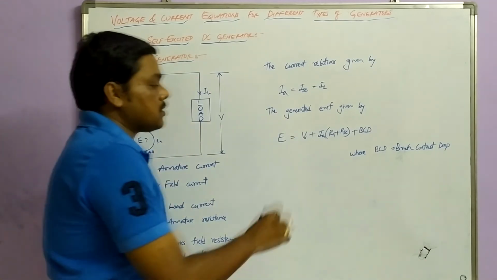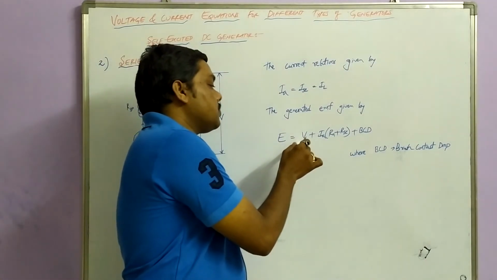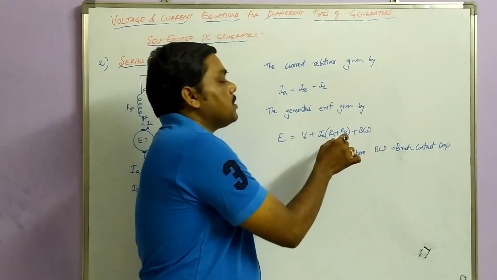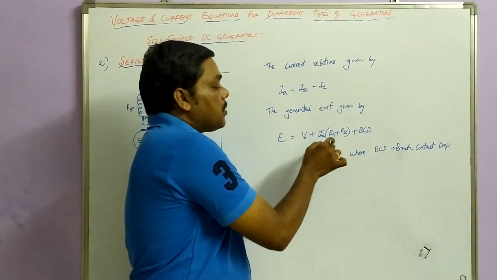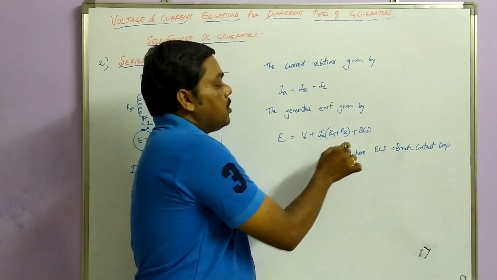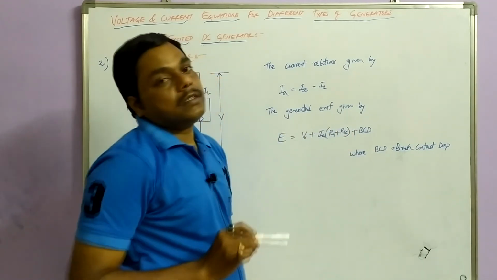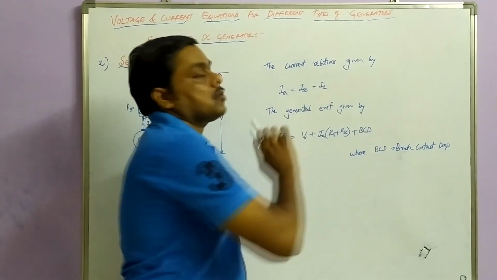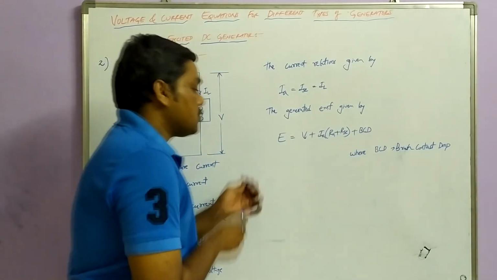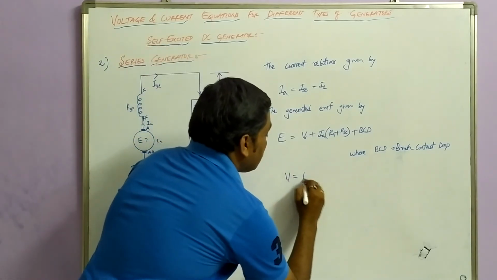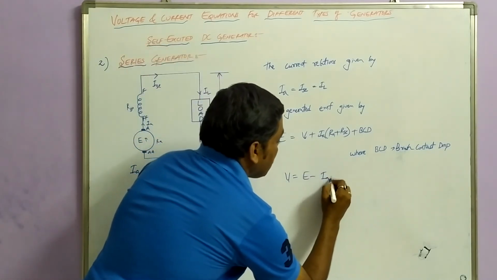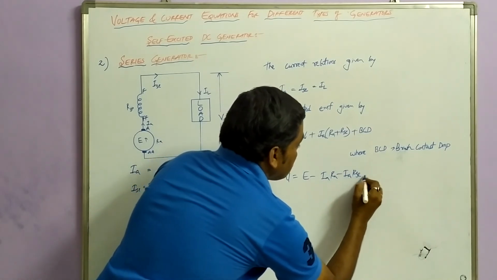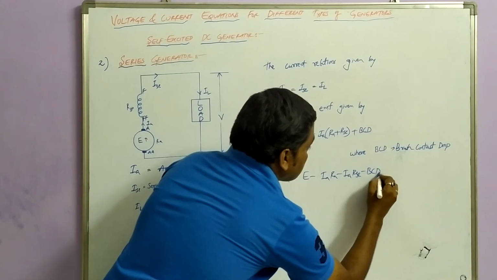So we can write the total generated EMF as E equal to V plus IA into RA plus RSC, that is, the voltage drop across the armature, the voltage drop across the series field resistance, plus the brush contact drop. We can also write V equal to E minus IARA minus IARSC minus BCD.